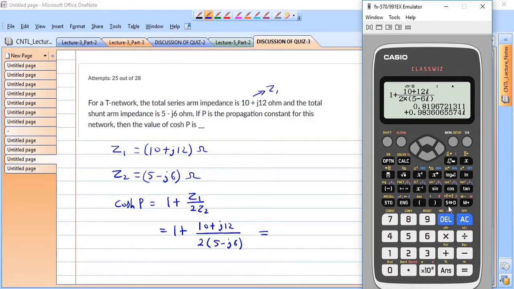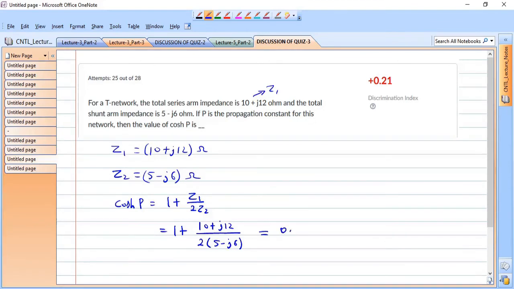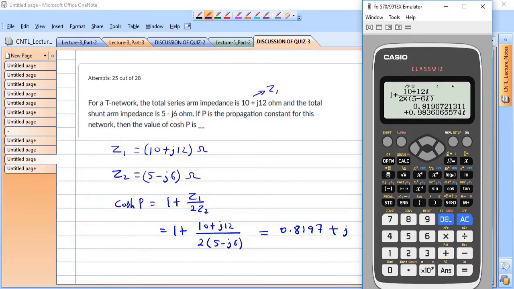On simplifying, it will be 0.8197 plus j0.9836.